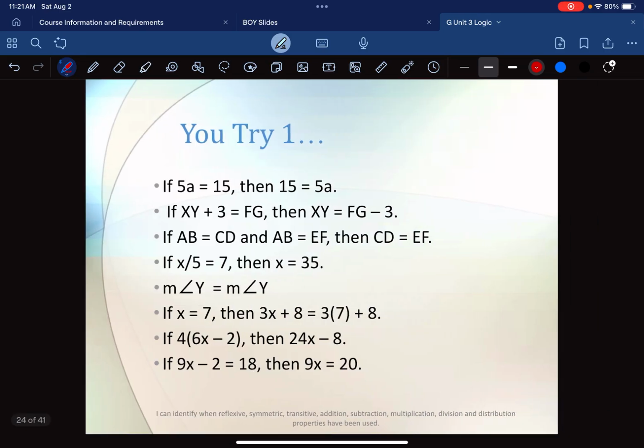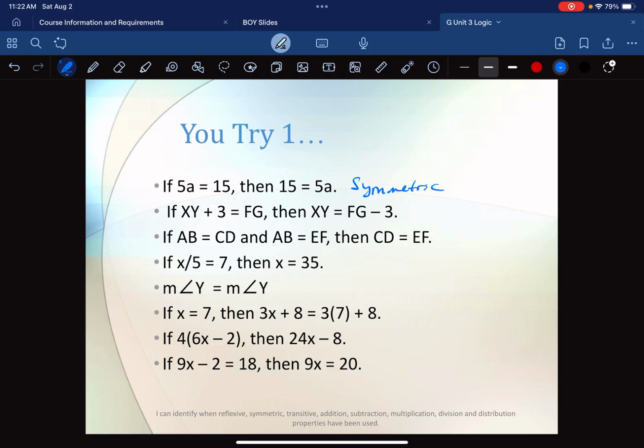So we're just looking at these and saying, what's this an example of? So if 5A equals 15, then 15 equals 5A. Well, what have they done to this initial statement? Well, they've just reversed it. How many things are in the statement? Well, 2 things. So we would say that is symmetry, or the symmetric property. Okay.